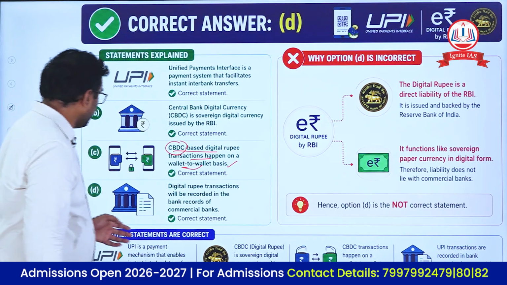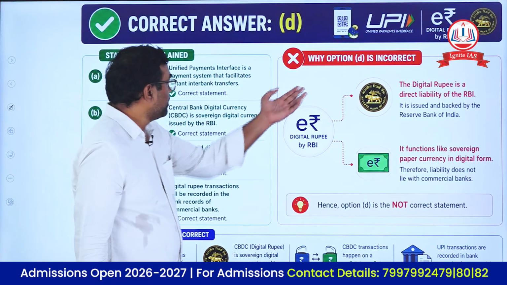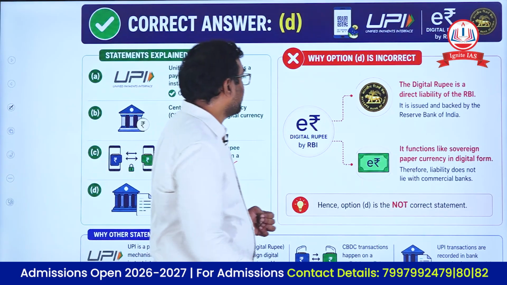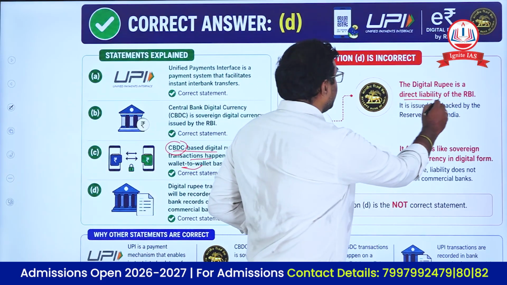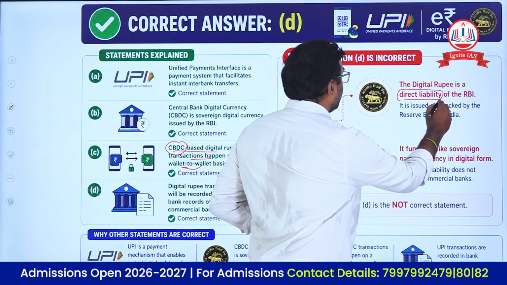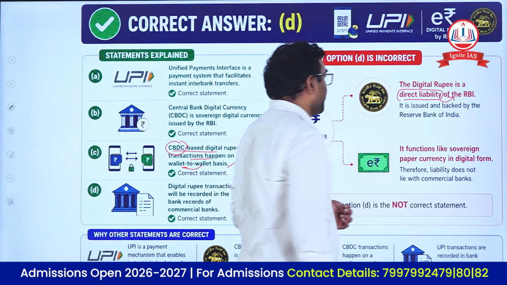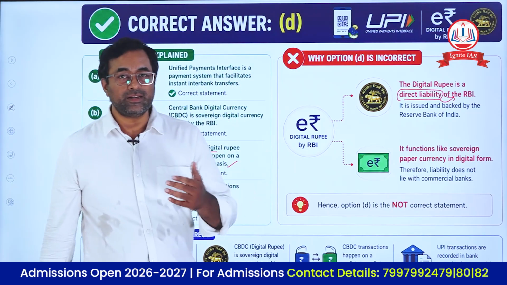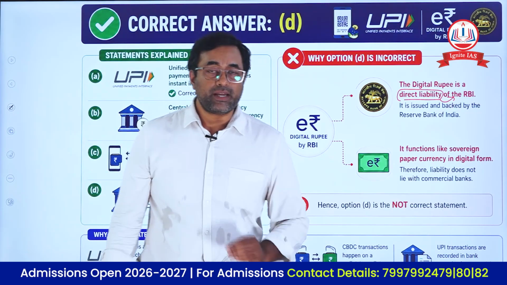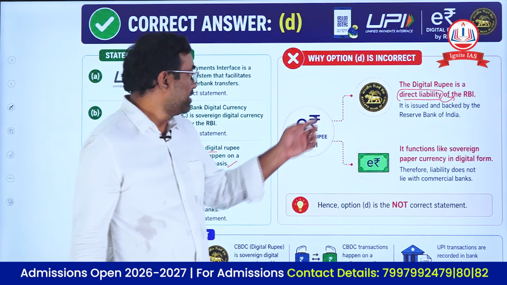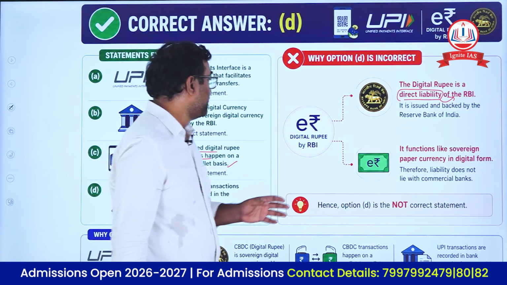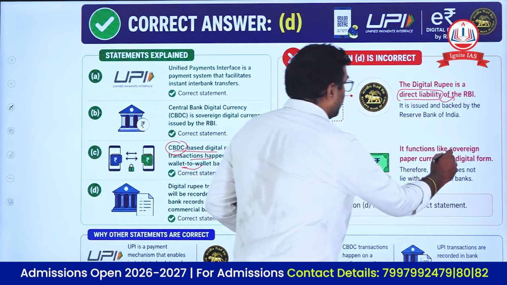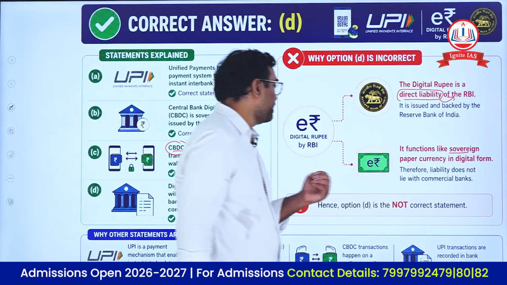If you come to the fourth statement, option D is incorrect. Why is option D incorrect? Because digital rupee is a direct liability for RBI. Any currency issued by RBI, whether digital or physical, is considered a liability for the RBI, and it is a sovereign currency issued by RBI.